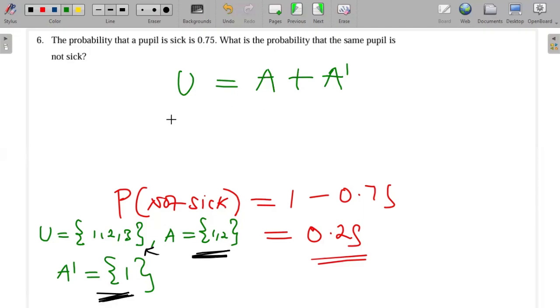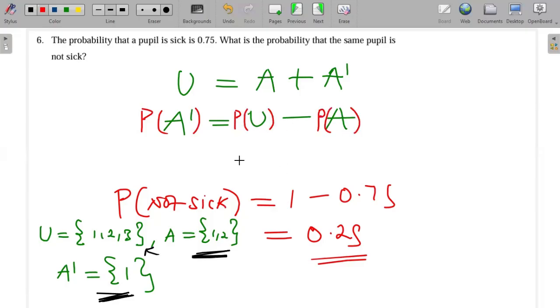Now if I want to find A complement, I'm just going to say that is the universal set minus A. I've just taken this to the other side and written the A complement as the first one. So now from here, let's take probabilities of everything. I take the probability of this, I also take the probability of this, and I also take the probability of this.